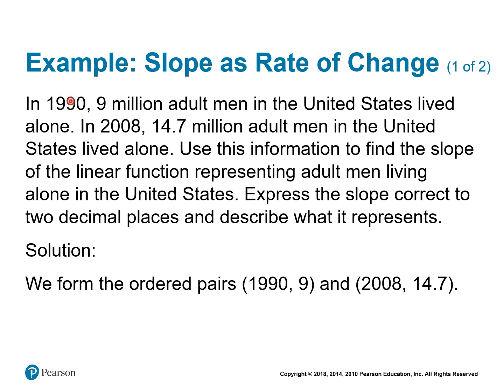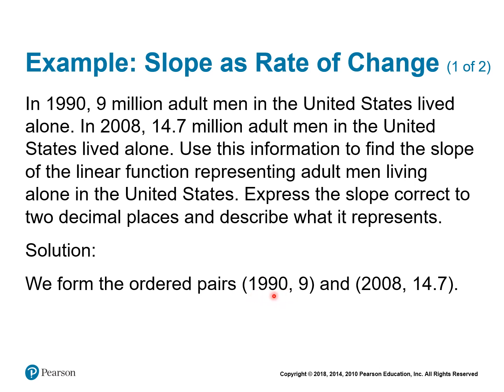So 1990 and 2008, these are our x coordinates, and 9 million and 14.7 million, these are the y coordinates. In 1990, when x, the year, was 1990, the number of adult men living alone was 9 million. So they've put that as an ordered pair together.